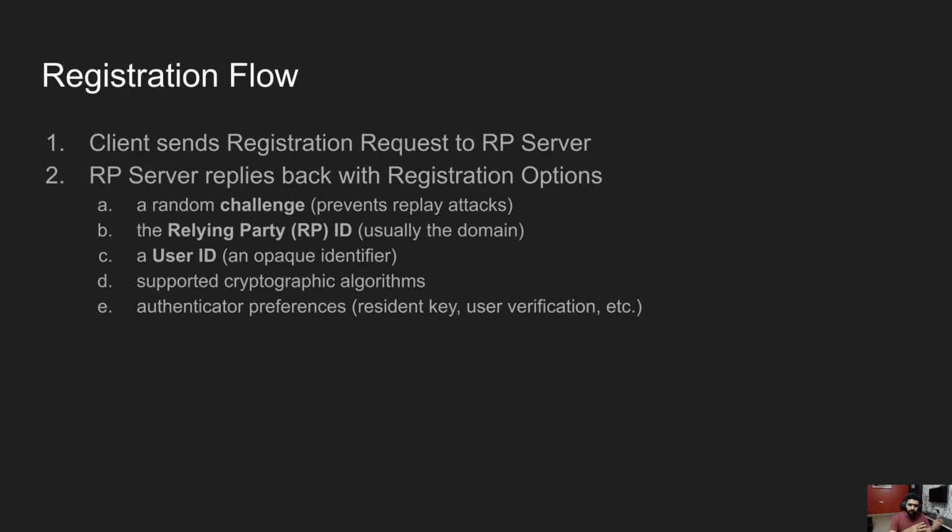It usually is a domain, but it can be different as well. And then it provides a user ID as well, for which the credential needs to be created. It provides some supported cryptographic algorithms and authenticator preferences, which we'll see later. And I will provide a link where you can read more about these preferences.